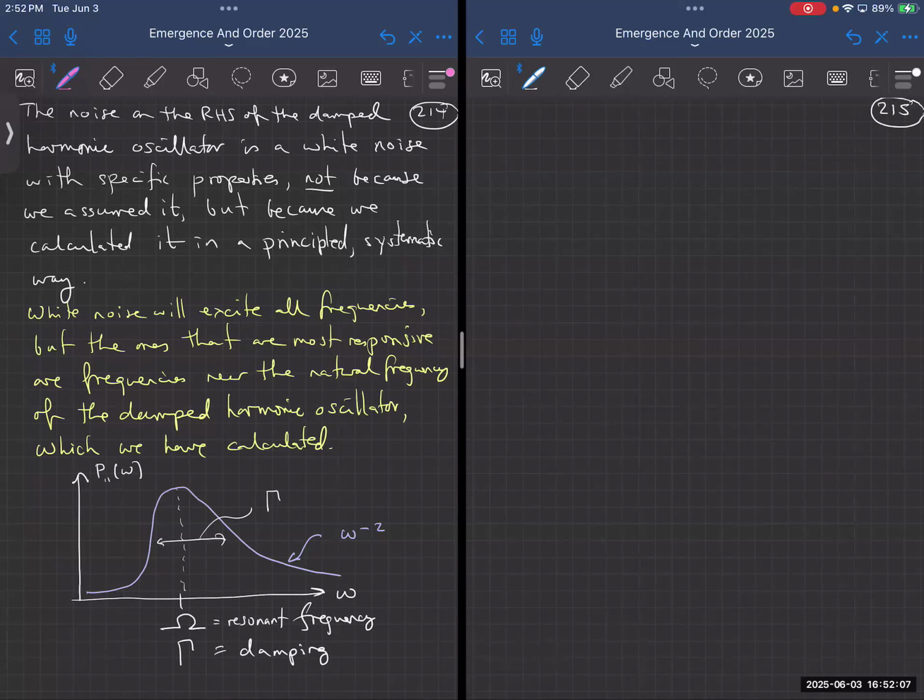So what actually happens in this system? If I gave you a simple harmonic oscillator with damping, the first thing you would ask yourself is, well, what is the Q factor? Okay, so if the Q factor is very high, then you get a resonance.